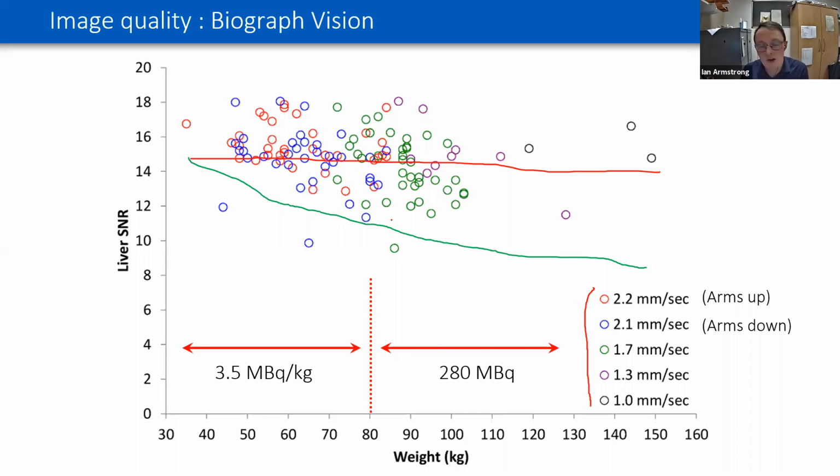So we always had a slight fall off in image quality in the very large patients. But now I'm pleased to say, with the iteration, and again what I'm emphasizing here is the importance of optimization, looking at your images, continuously evaluating image quality and seeing where things can be improved to reach this final outcome that we're all going for.